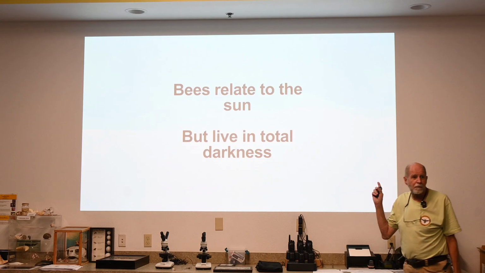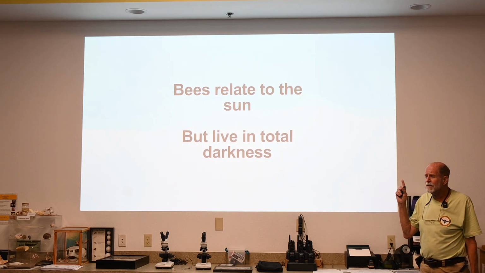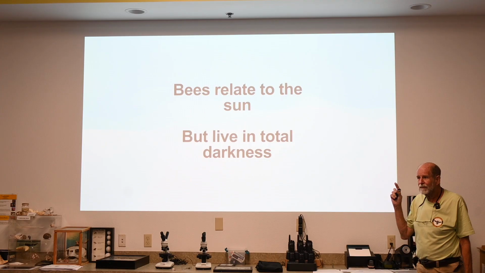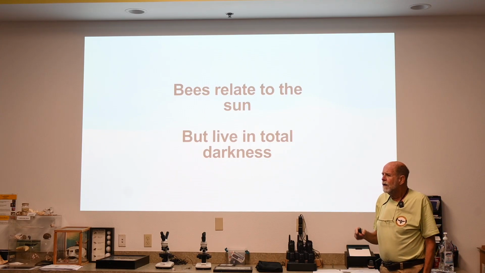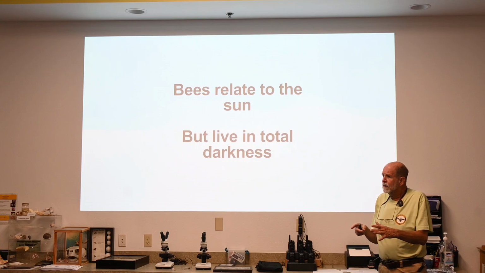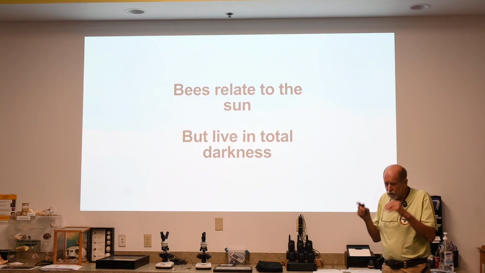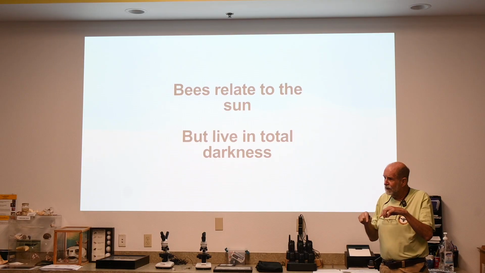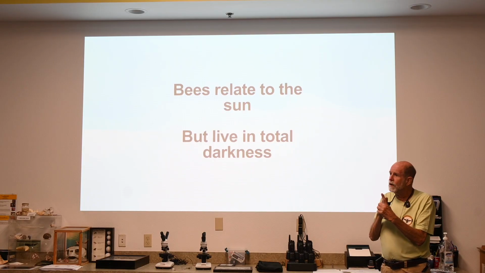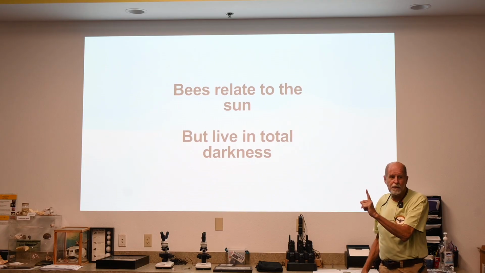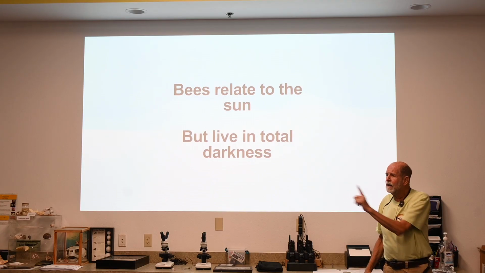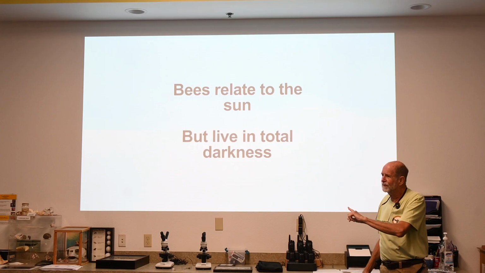Bees relate to the sun. They have built-in GPSs. You asked about them flying around the hive. Whenever they leave the hive, they need to orient to where the hive is, and they do it off of the sun location, and they do it just for the time of the day and the season, and landmarks around the hive.